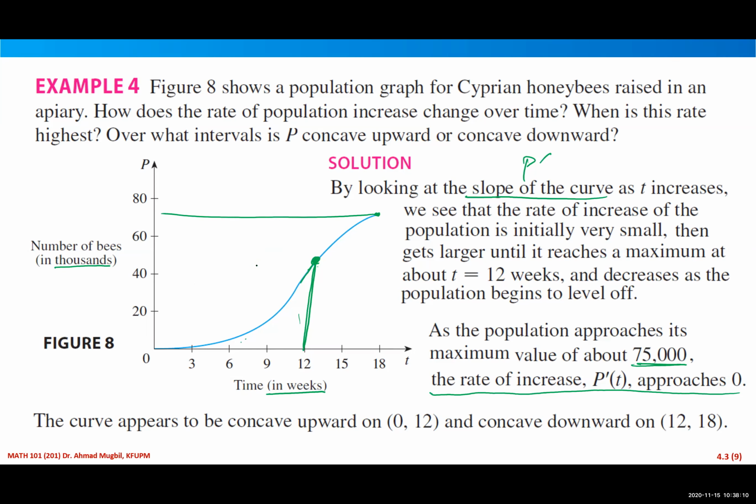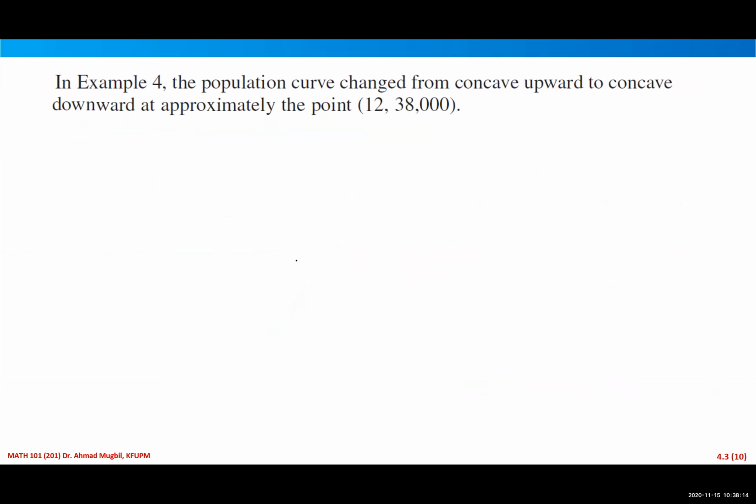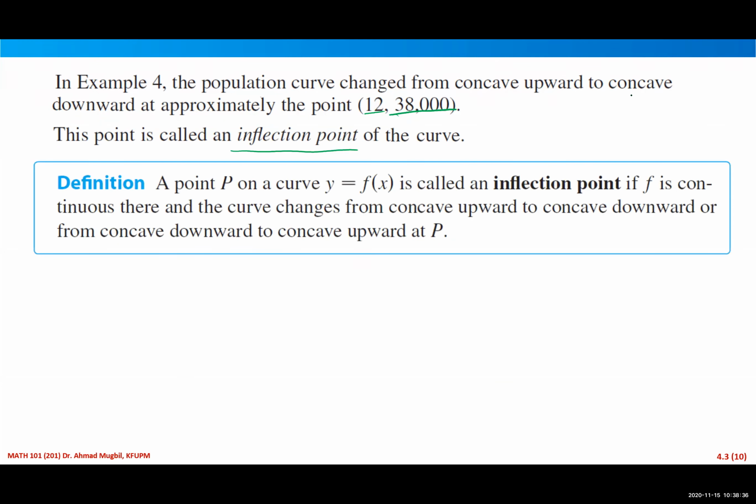What will we call this point at 12, where we have 38,000? This is a very important point. They call it the inflection point. Why is it important? Because the curve changes from concave up to concave down at this point. In general, this point can be defined as follows.